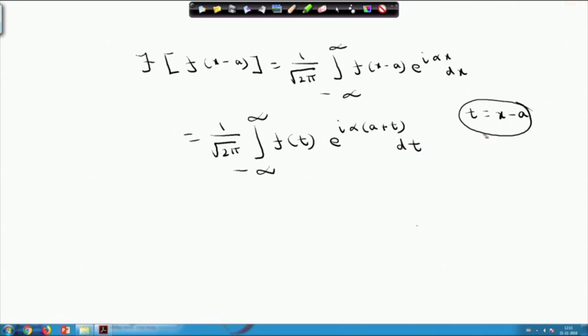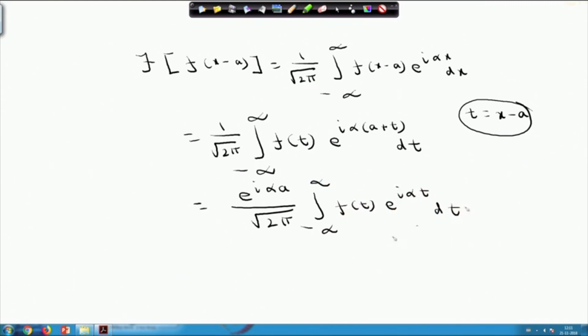So, by substituting t equals x minus a in the given integral, I am obtaining this, and this equals e power I alpha a, which is independent of t and which I can bring outside. So, e power I alpha a, if I bring it outside, 1 by root 2 pi, integral from minus infinity to infinity, this is your f t into e power I alpha t dt.